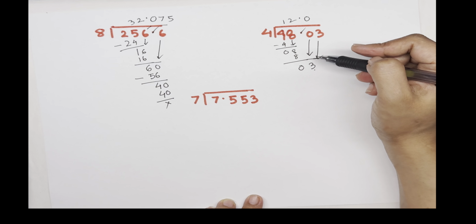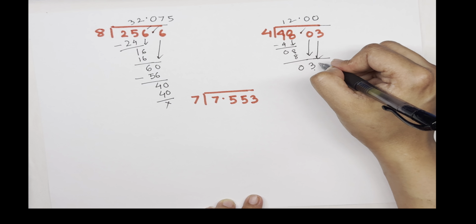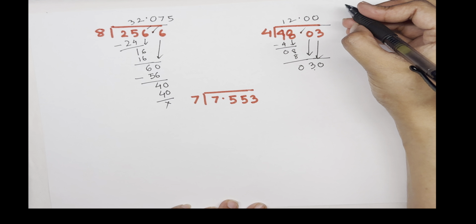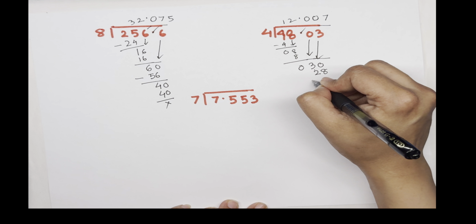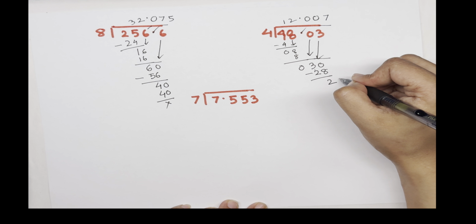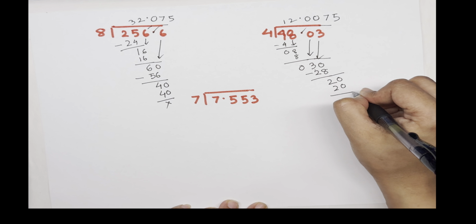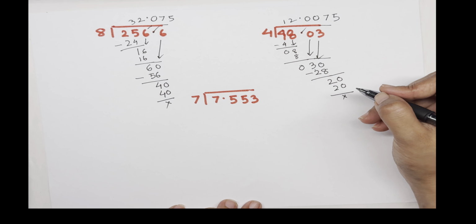But for that, you have to put a 0 on the quotient and then you can borrow 1. So now 30 divided by 4, 4 times 7 is 28 minus 2, 0. 4 times 5 is 20. So 12.0075 is the answer.